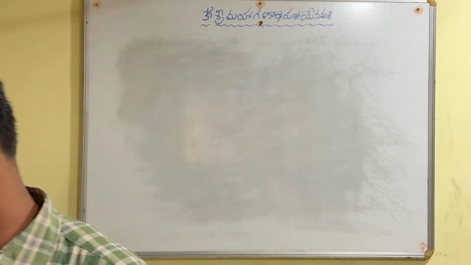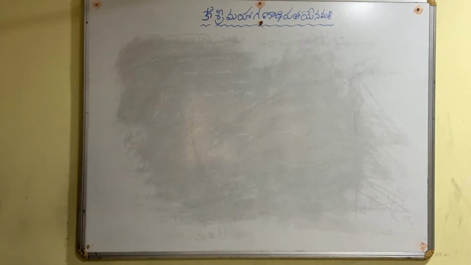And today's last question. Two concentric circles of radii 5 centimeters and 3 centimeters. Find the length of the chord of the larger circle which touches the smaller circle.